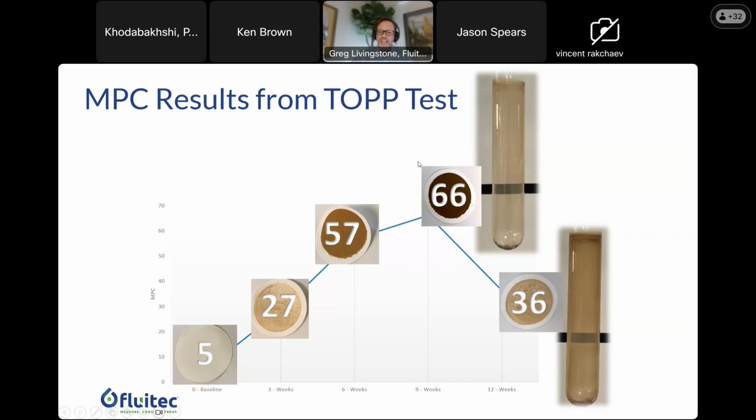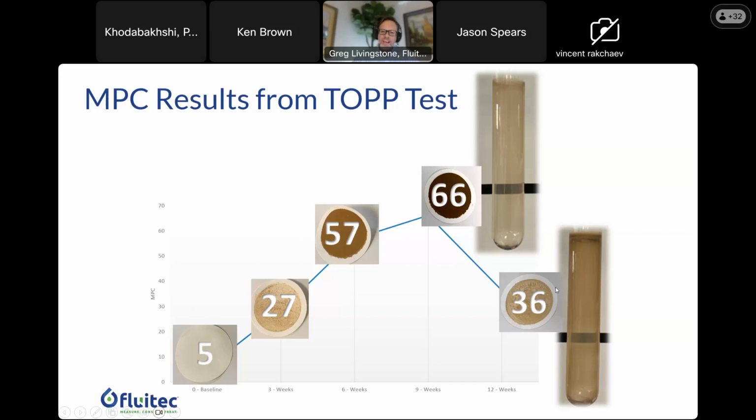So it's suggesting that maybe some of these oil degradation products that are settling out here on the patch, when you stress the oil a little bit more, actually come out of the oil and form deposits on the glassware. So the moral of this slide is that basically a 66 is not necessarily worse than a 36.